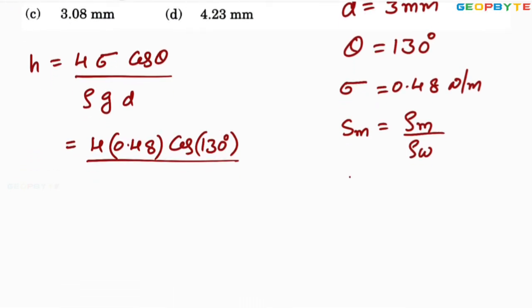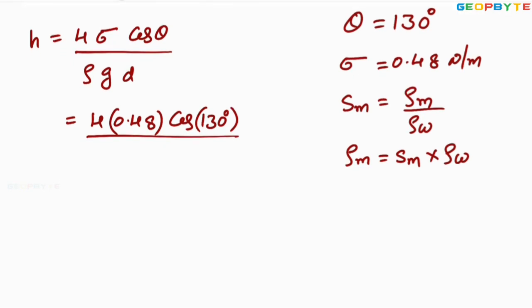Therefore, the density of mercury equals the specific gravity of mercury multiplied by the density of water. Specific gravity of mercury is a standard value, 13.6, into density of water, standard value 1000. It is equal to 13,600 kg per meter cube. That is the density of mercury.